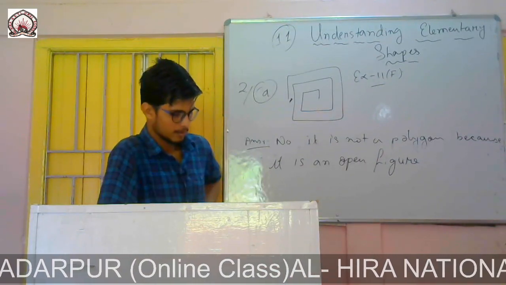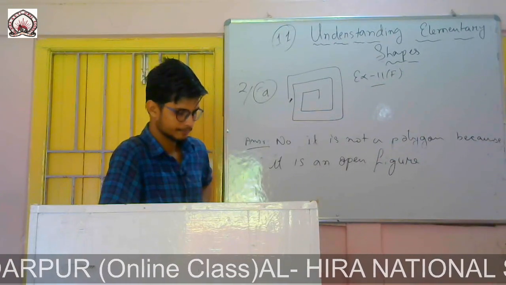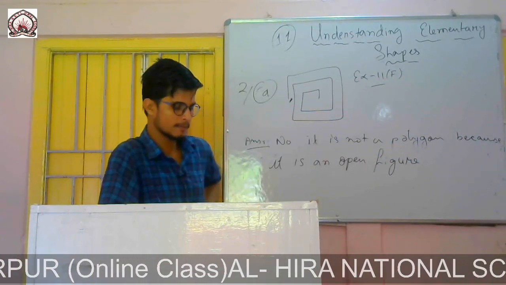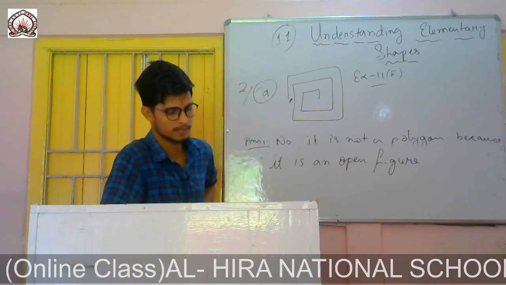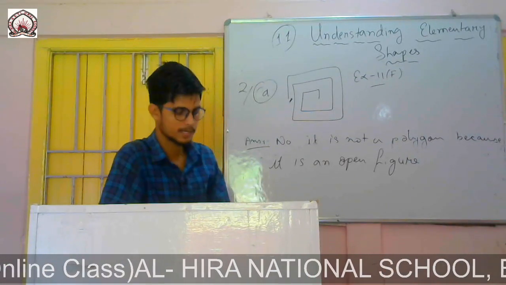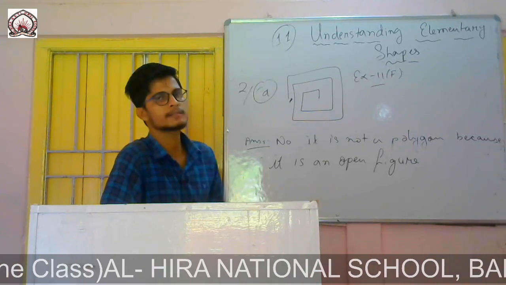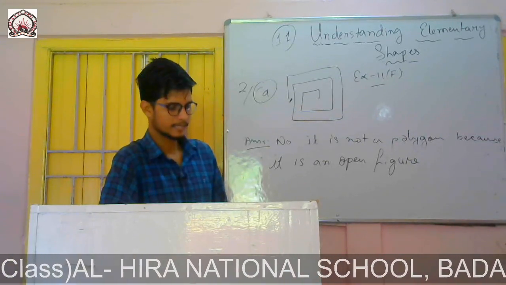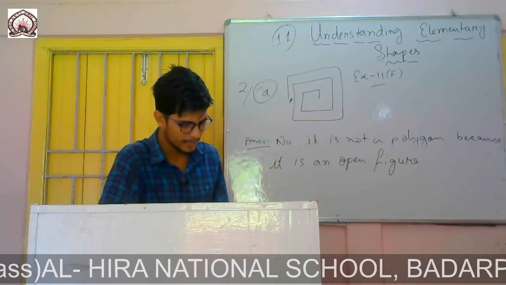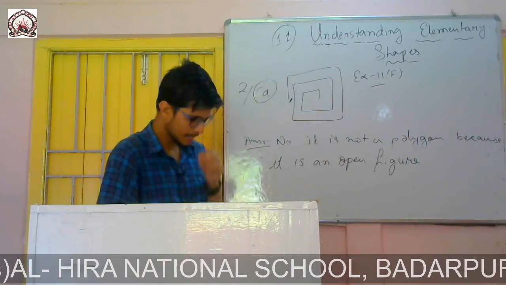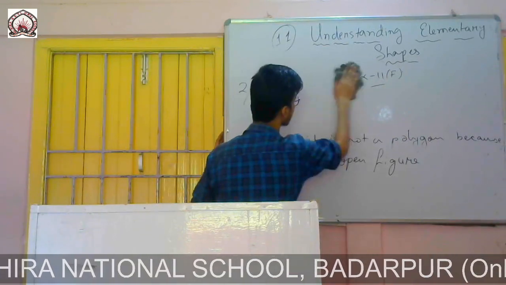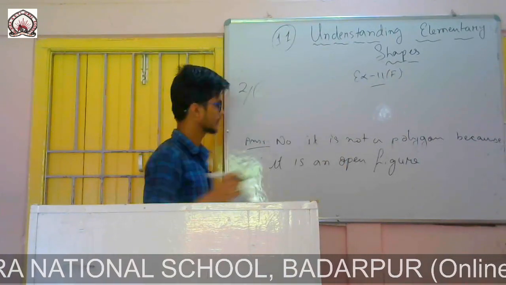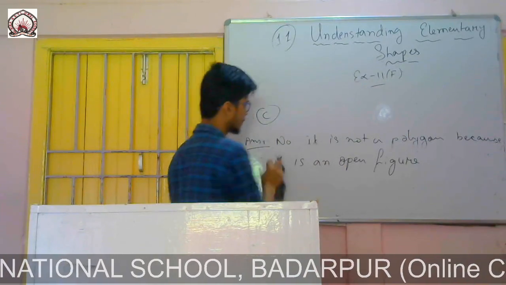Then question number E. It's the same as question number C. It intersects at point C. You see in the figure, it intersects at point C. So answer will be no, it is not a polygon because the sides AE and BD intersect at C. I am not drawing the figure, only writing the answer.